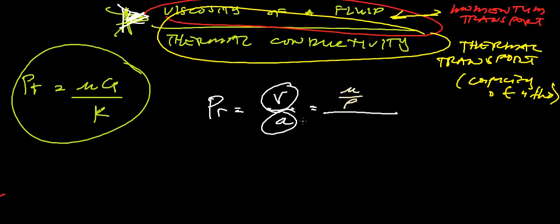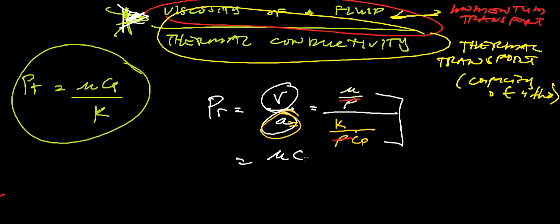If we take a look at the thermal diffusivity, the thermal diffusivity is actually k, the thermal conductivity, over rho Cp, right? So that is alpha, the thermal diffusivity. And if we do some mathematics here, we can cancel this out and come up with mu Cp over k.